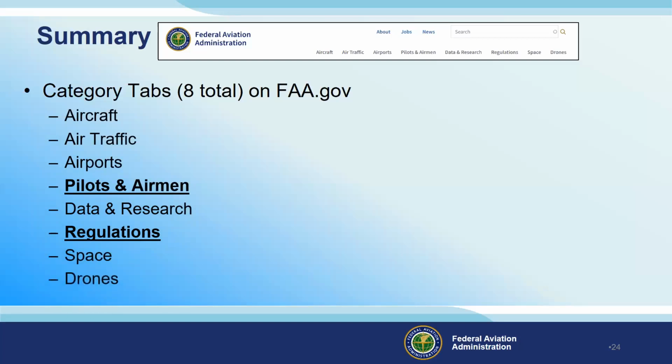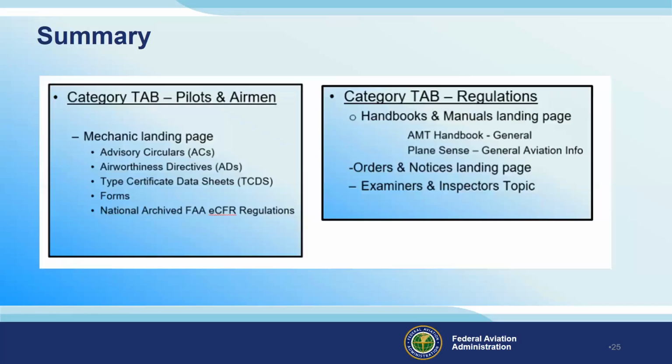And the two most important ones for us are pilots and airmen and regulations. And under the pilots and airmen, the mechanics landing page has those items. And the regulations tab is where you'll find handbooks and manuals, orders and notices, and you can find the FAA inspectors' orders and guidance.